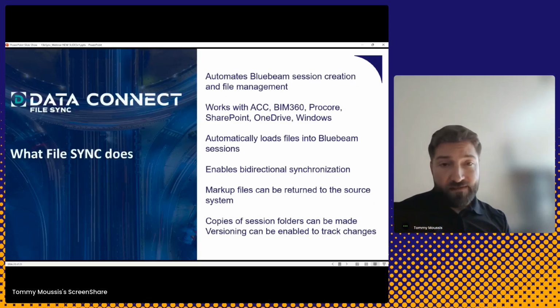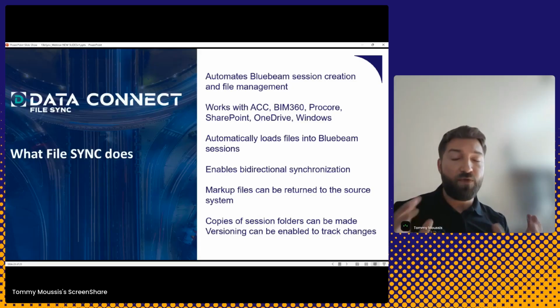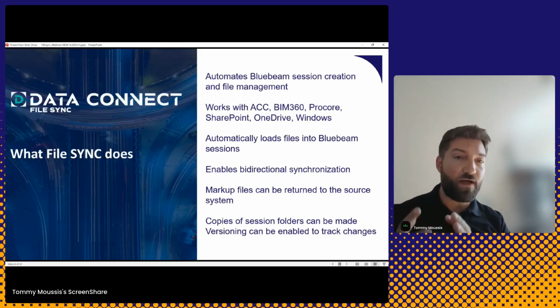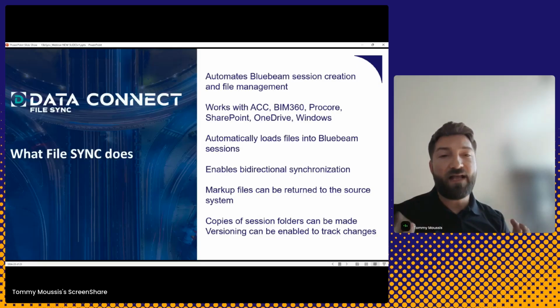Now, what FileSync does, which is interesting, is we can sync two Bluebeam projects, but we can also create Bluebeam sessions with the middleware directly from FileSync. And we can set this up to be a bidirectional sync between both environments. And of course, this works with ACC, BIM 360, Procore, SharePoint, and other environments as well.